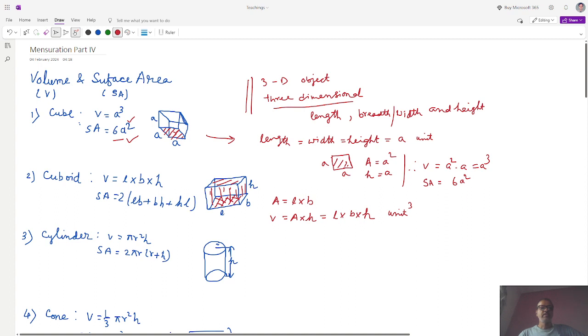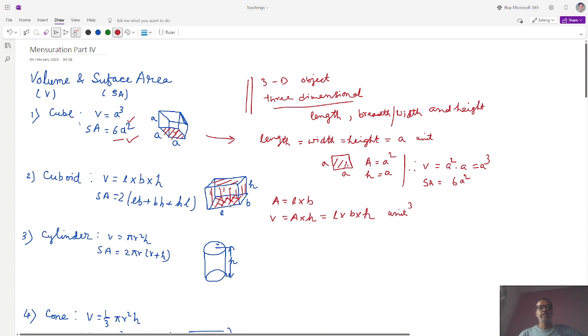To understand this object, we can take the example of a room in our daily life. If we see a room, then we will get four walls and a floor and a roof. So there are also six faces.